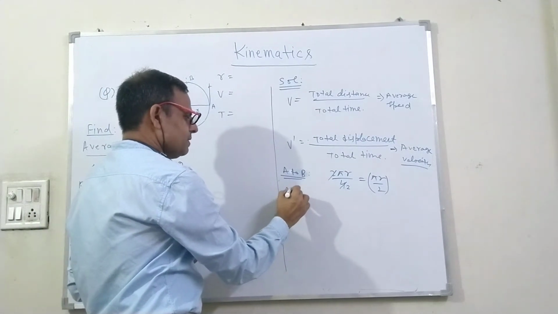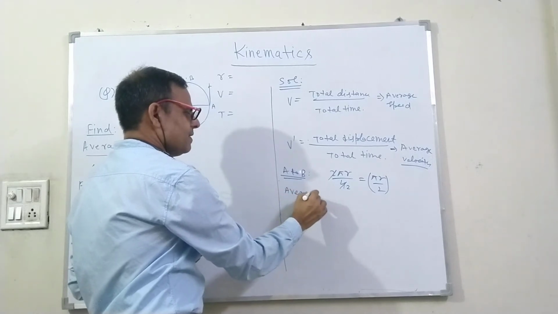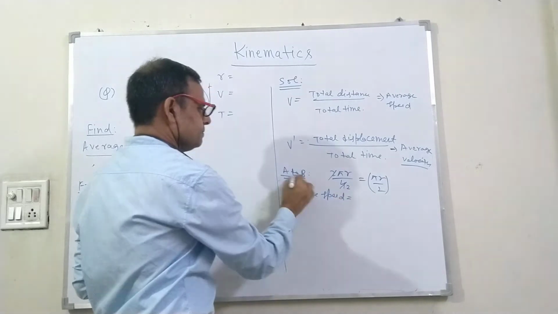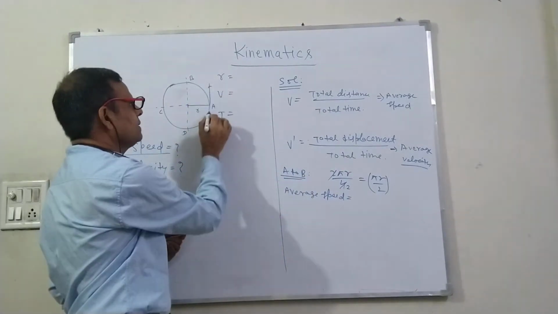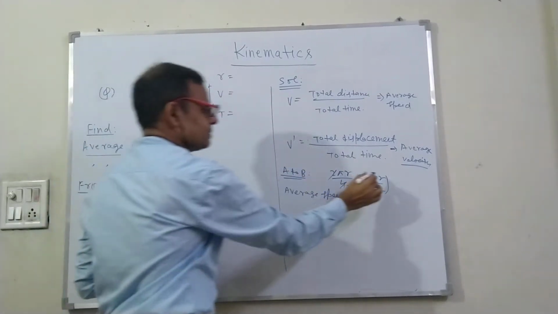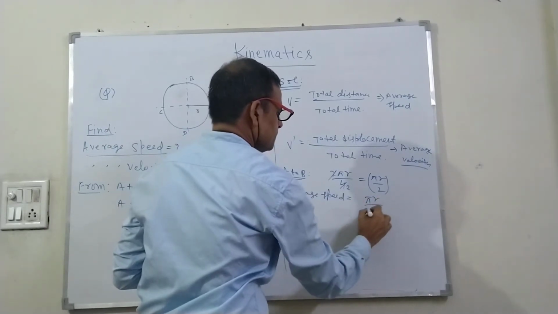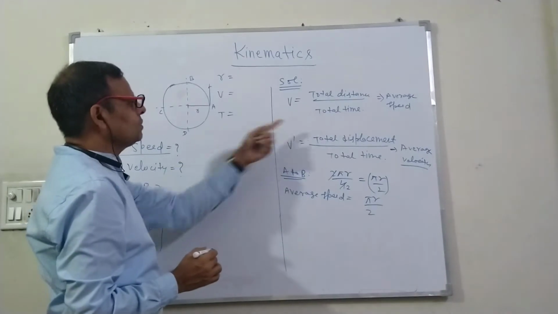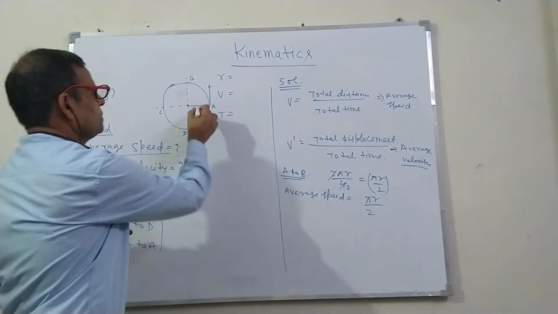So average speed from A to B is equal to total distance from A to B, that is pi r by 2, divided by total time taken.